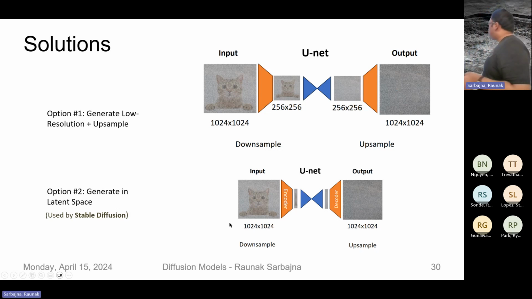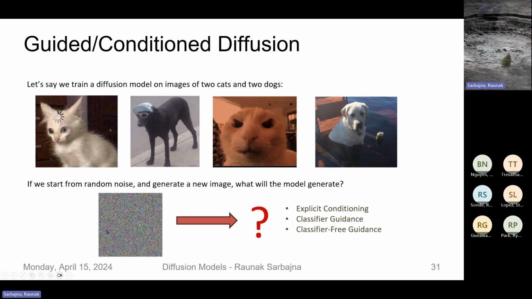So we've talked about image generation, but we haven't talked about how we guide this image. If we are given a noise, it generates something, but how do we tell the model what exactly we want to generate? Say, for example, we take these perfectly normal images of two cats and two dogs.